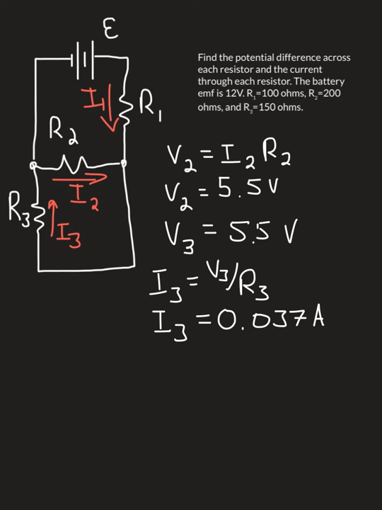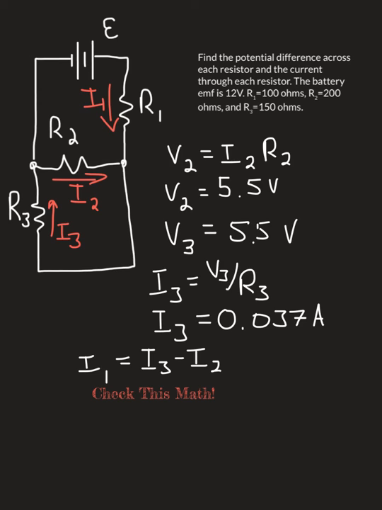Now we just need to find the current through resistor 1 and the potential difference across resistor 1. We have enough information to solve for either one of those things right now. Let's begin with the current. The way that I've drawn my circuit, the current through resistor 1 equals the current through resistor 3 minus the current through resistor 2.